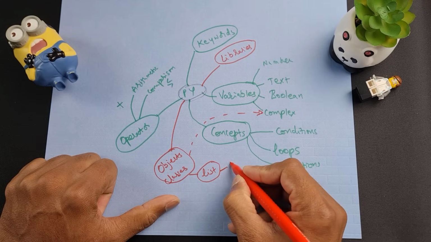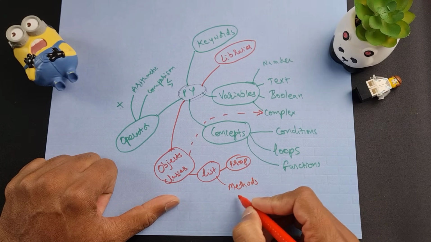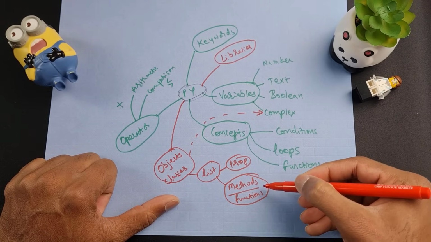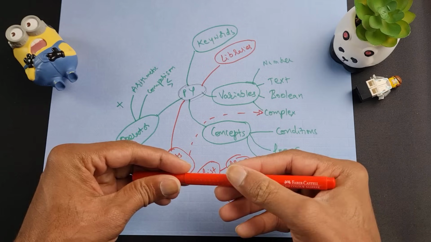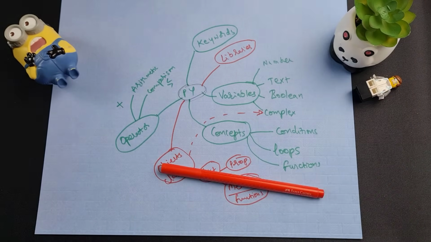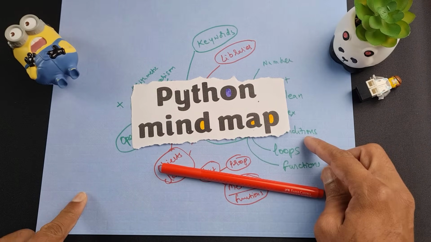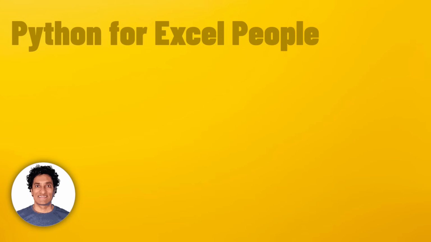It will have some properties, and then it will also have some methods or functions. Again, these are technical words, so it doesn't make sense to elaborate them here. We will do that as part of the coursework. So that is Python mind map. Now let's go back to the computer so that we can write some Python code and learn more about the language.